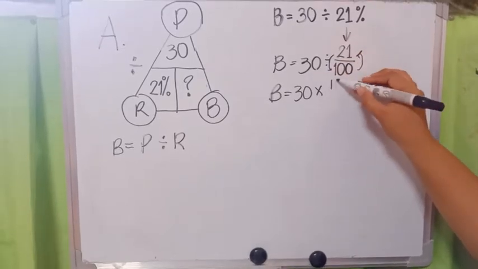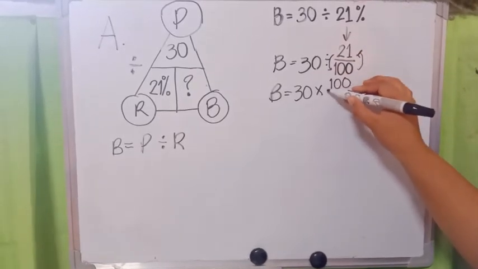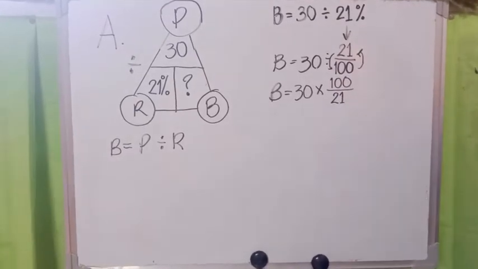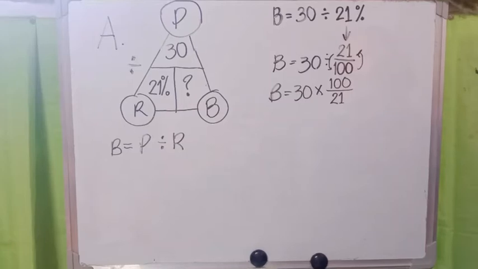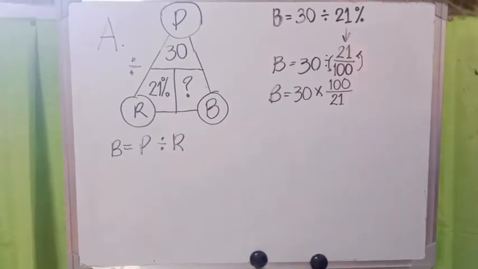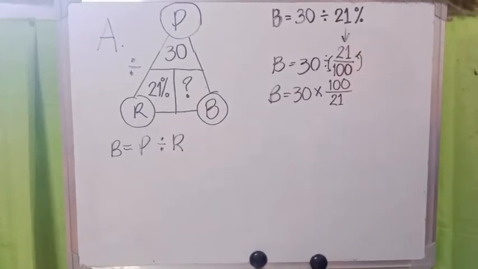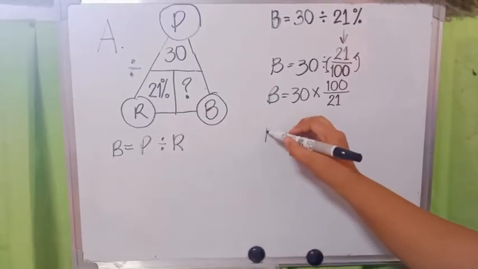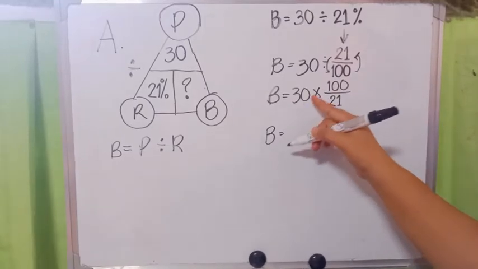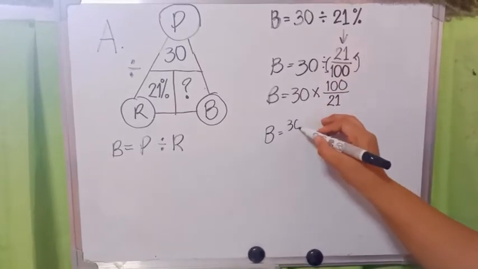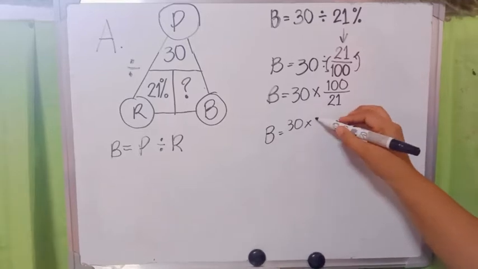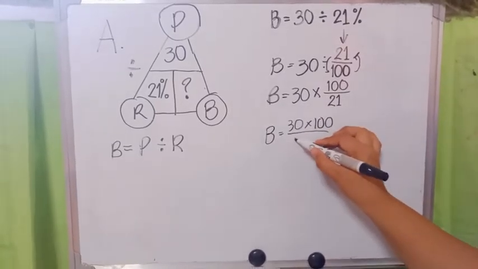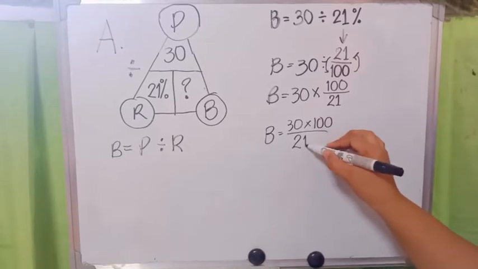So we have 100 over 21. Now we can easily find our answer by multiplying directly and dividing by 21. So we have 30 times 100 divided by 21.